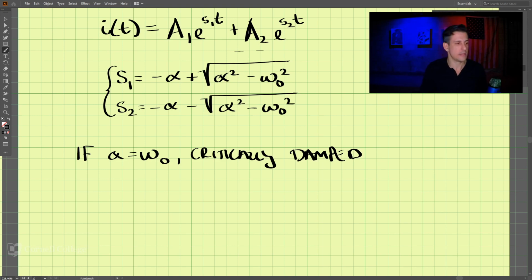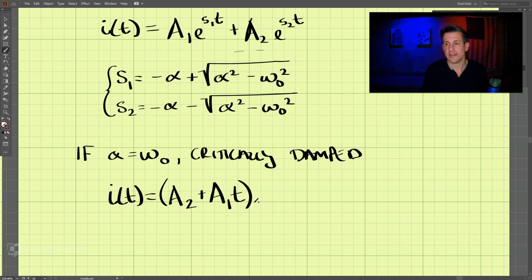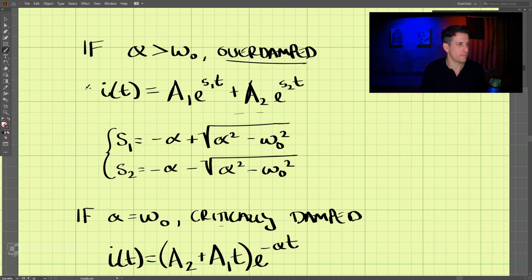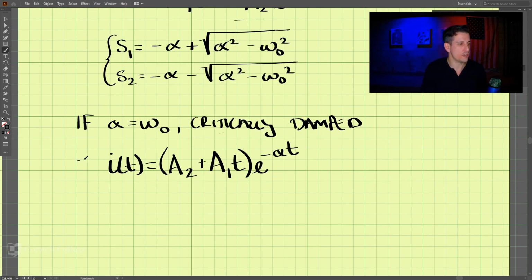I of t is equal to A2 plus A1 times t times e to the negative alpha times t. So this term here is our critically damped equation. So we have equation 1 if it's overdamped, and this is equation 2 if we have critically damped.